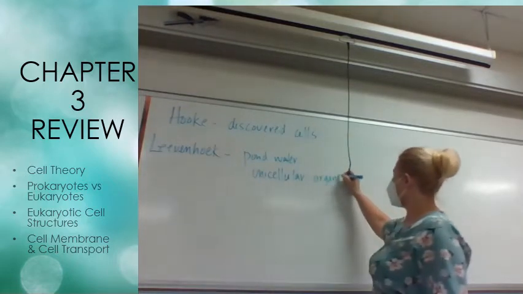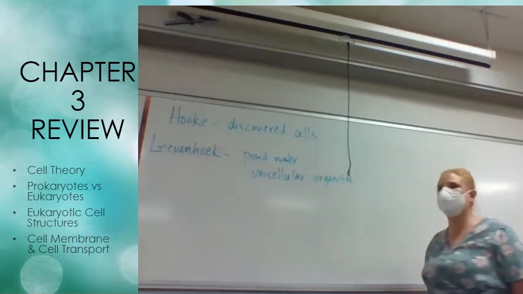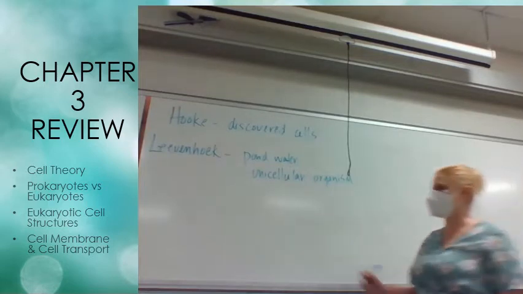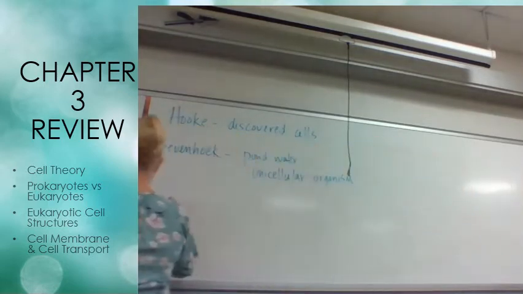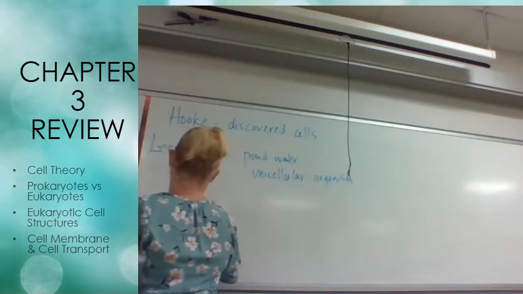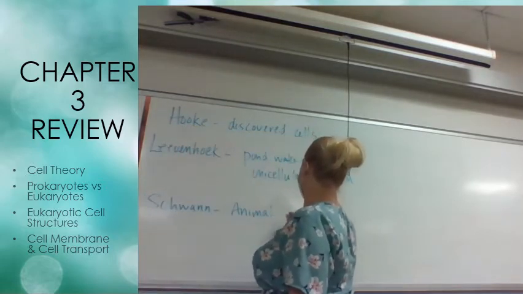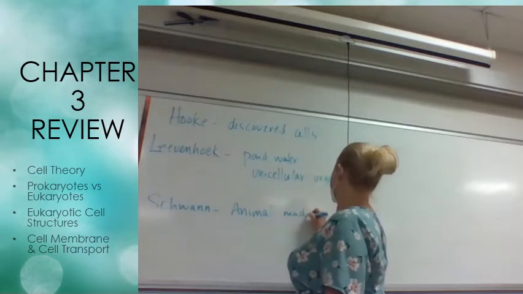Okay? Who was the gentleman that discovered that all parts of an animal were made out of cells? Schwann. Okay, so then who discovered that plants were made out of cells?